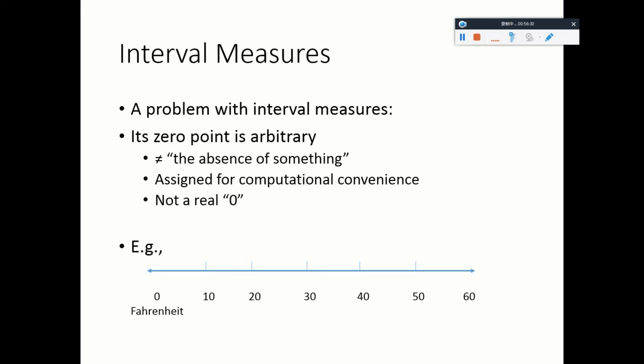Fahrenheit. We know that this is a continuous scale. A scale of temperature definitely is continuous. It has numbers. It has equal intervals, and we know that 50 degrees Fahrenheit is warmer than 40 degrees Fahrenheit. Okay?